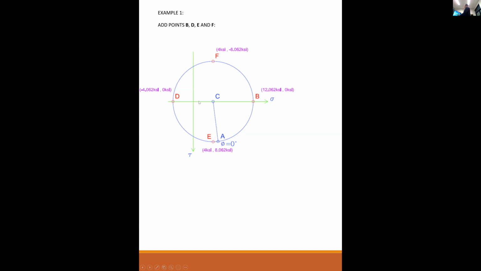D was the average of 4 minus the radius of 8.062. F is equal to the average, which is 4, and then you go up, but it's negative, so you go negative 8.062, and E is also 4 over, and you go down, which is positive 8.062. Okay, so pretty straightforward on how to find points B, D, E, and F.